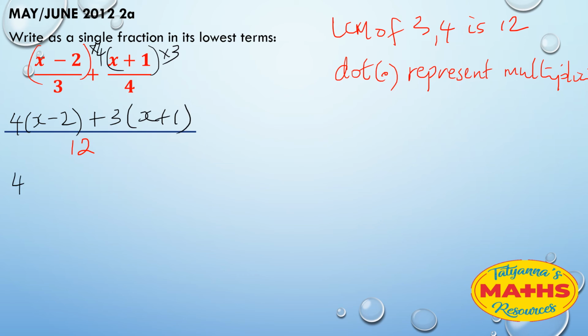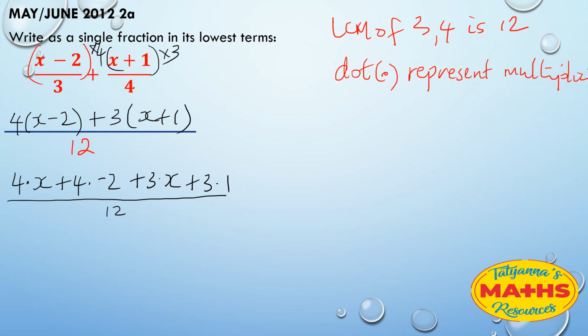That is 4 times x plus 4 times a negative 2 plus 3 times x plus 3 times 1, all over 12. That is 4x minus 8 plus 3x plus 3 over 12.